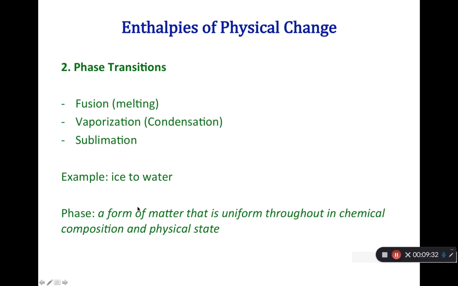At the bottom of the slide, you can find the definition of a phase, and this you should remember word for word. A phase is a form of matter that is uniform throughout in both chemical composition and physical state. For example, ice is a phase, and liquid water is also a phase. A phase transition occurs when one phase changes into another spontaneously at a given temperature, such as melting, vaporization, or sublimation.